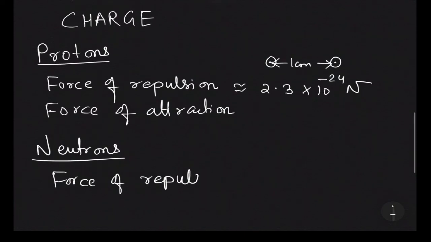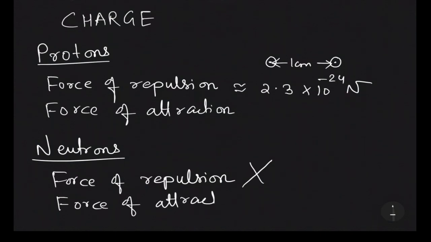Now when we come to neutrons, it is seen that the force of repulsion does not exist, only force of attraction exists. There is only force of attraction between two neutrons, and that is approximately 1.9 into 10 to the power of minus 60 Newton.